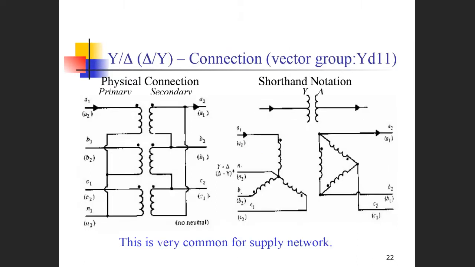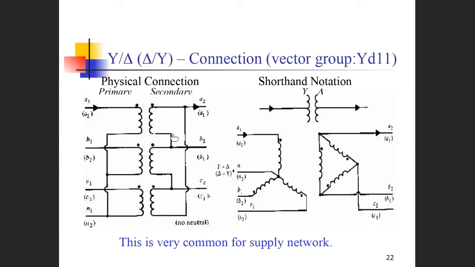Okay, now here is an example of the star delta connection. Similarly, this is the star delta group 1, 1. Because we have different combinations, as I just said.